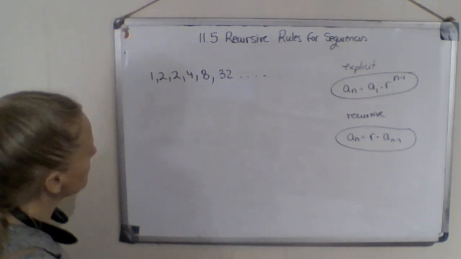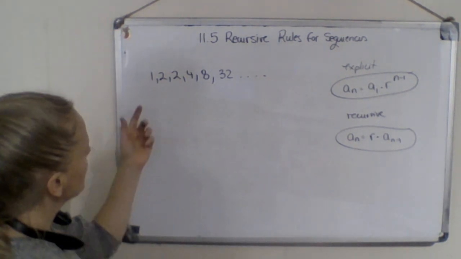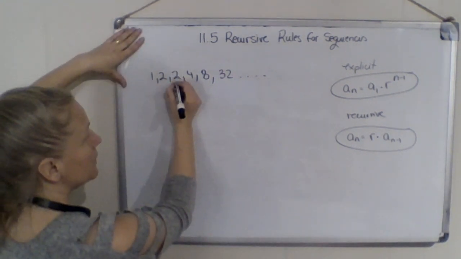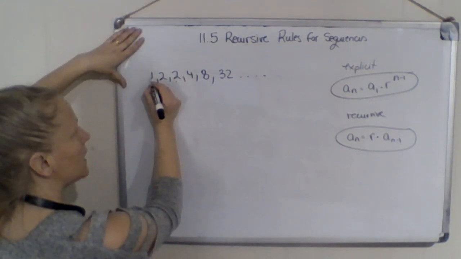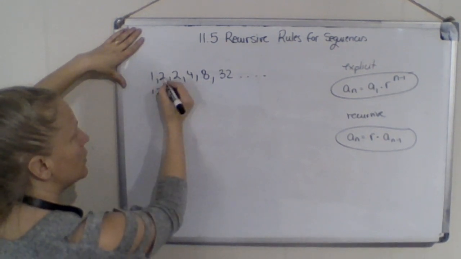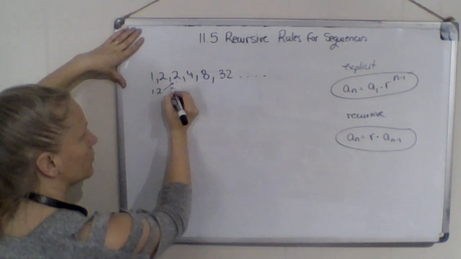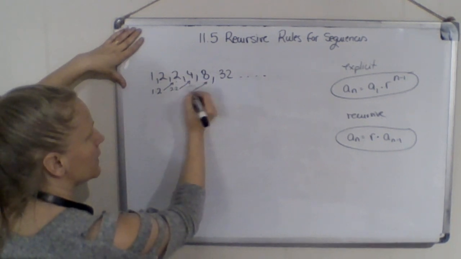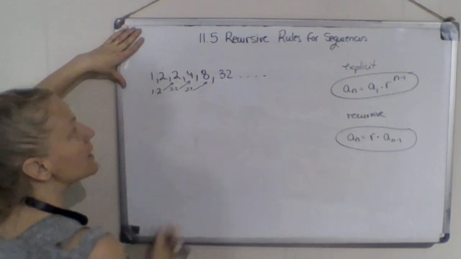So I'm looking at this and I'm thinking, I don't see any difference in here, but I'm looking at this 2 and I'm thinking this 2 is this times this. 1 times 2 gives me this, correct? 2 times 2 gives me this one. 2 times 4 gives me this one, and so forth.